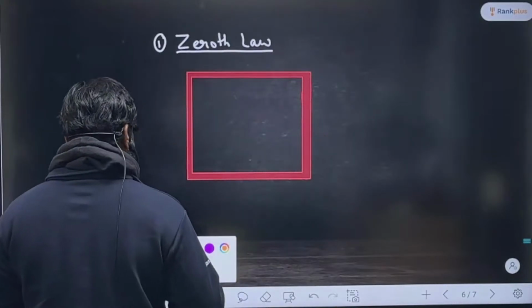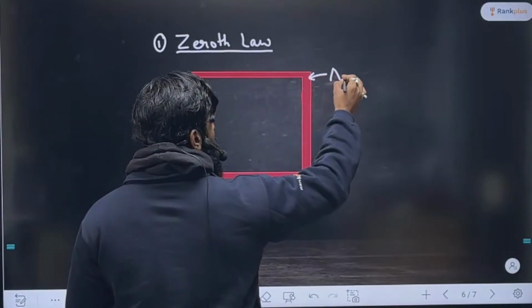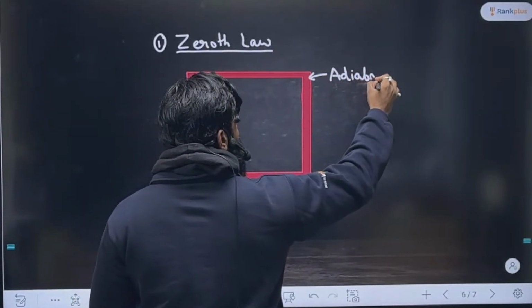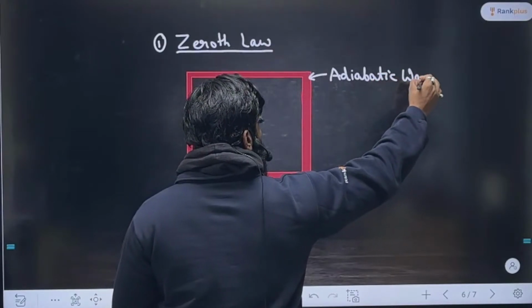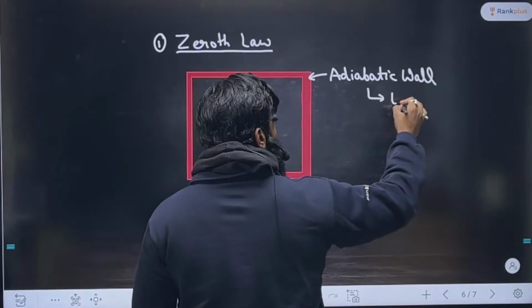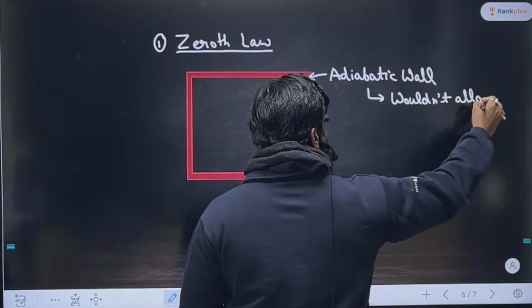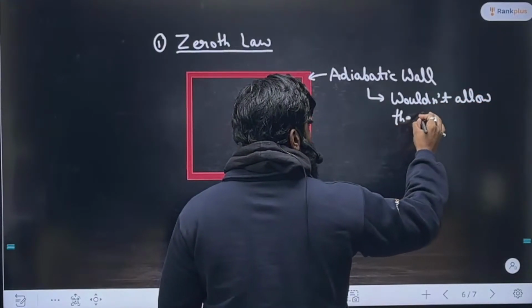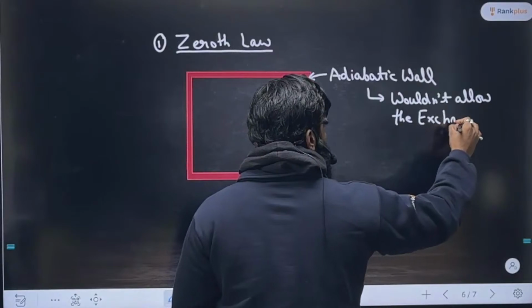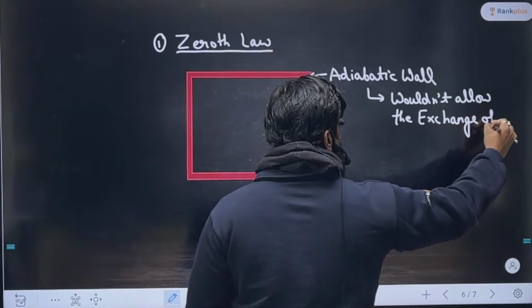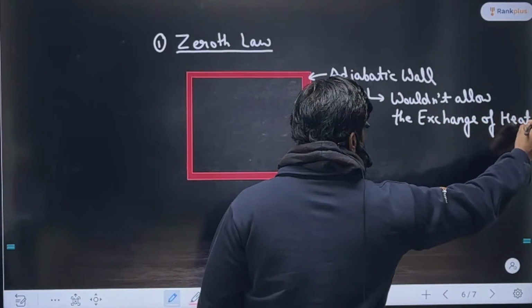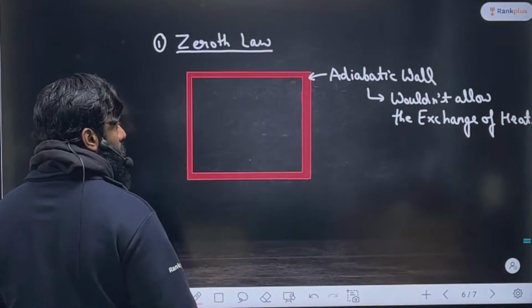Okay, so this is the adiabatic wall. It would not allow the exchange of heat.